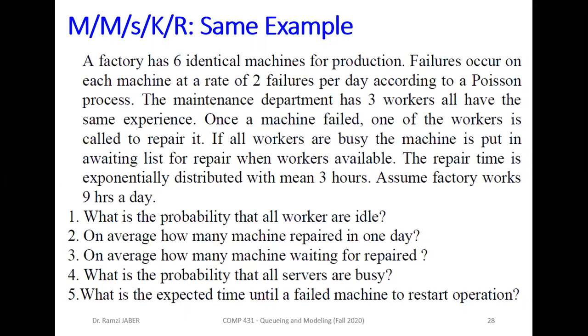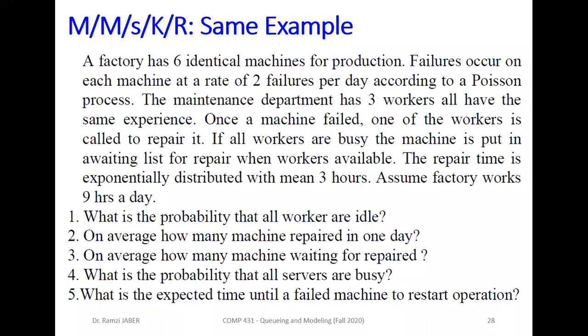So we have a queue system. The repair time, mu, is exponentially distributed with a mean of 3 hours. Each machine needs 3 hours to be repaired. Assume the factory works 9 hours per day. So the questions are: what is the probability that all workers are idle?